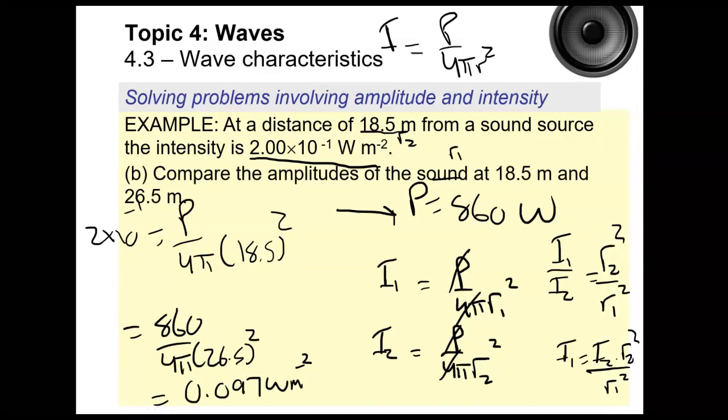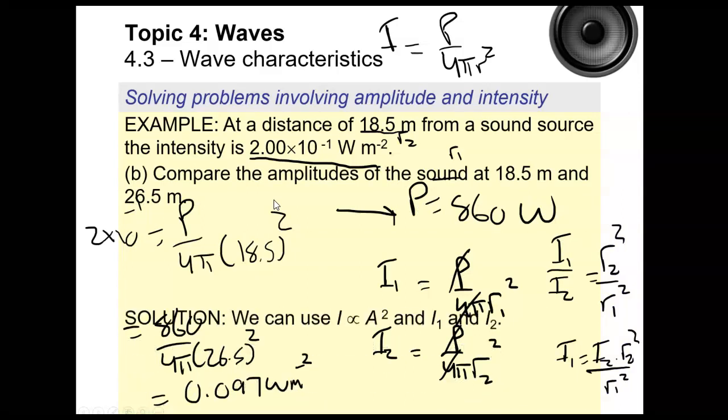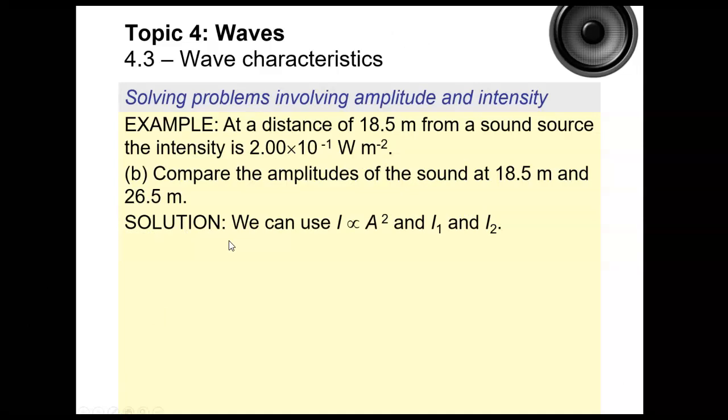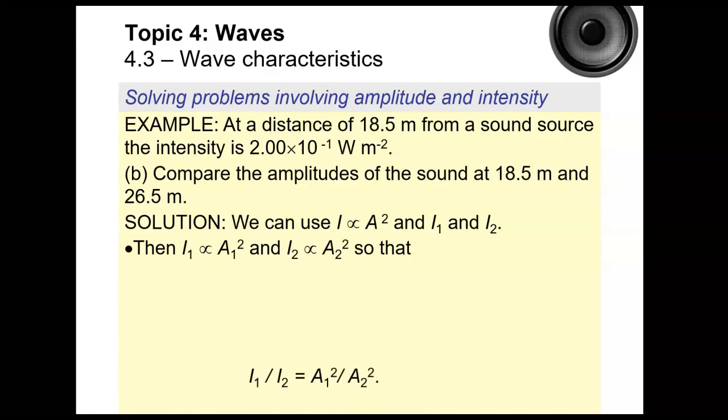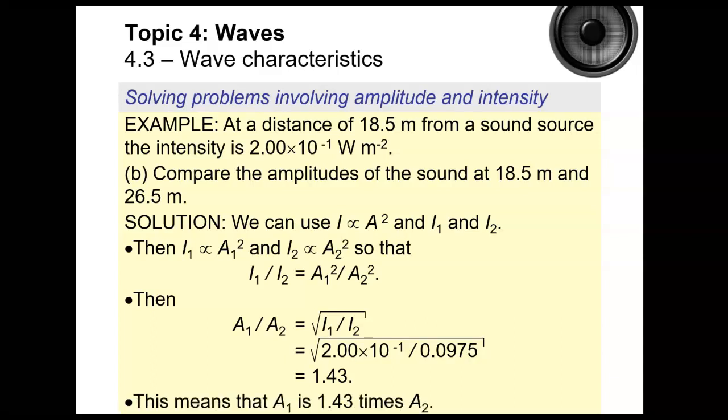And then it says compare the amplitudes of the sound at 18.5 meters and 26.5 meters. Okay, so I'm going to erase what I had before. Using our last answer, we can also set up a proportion, as you can see here, and you can solve for the ratio A1 divided by A2.